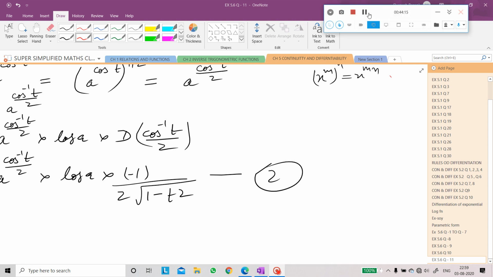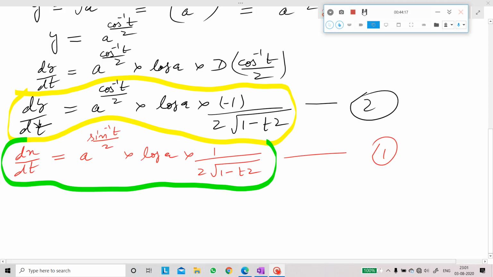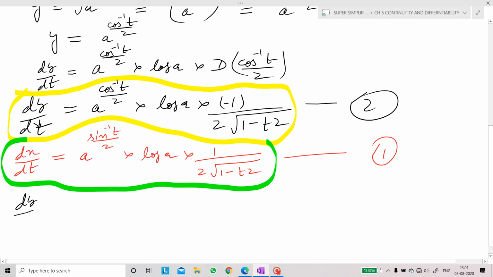Now students, you can see the expressions for dx by dt and dy by dt written in front of you. Now we have to find the value of dy by dx, which is nothing but dy by dt divided by dx by dt.